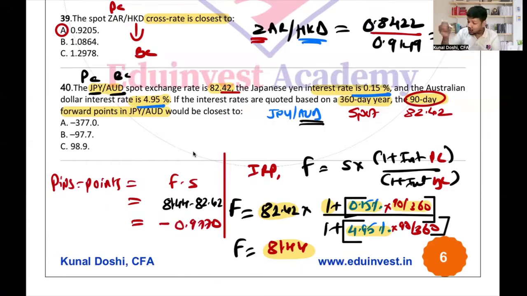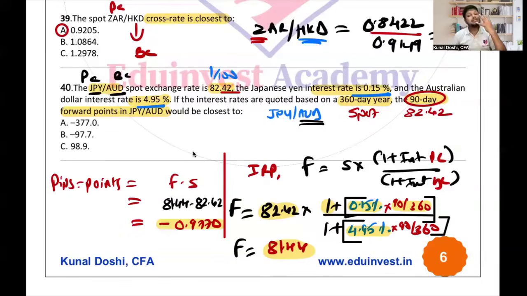Now, that's not the answer that you have there. It's either B. Of course, the closest is B. But my answer is 0.9770. How do I convert this into pips? See here, if the currency quote is in two decimals, that means two zeros after the dot, then the pips are always in hundreds of units, 1 divided by 100.